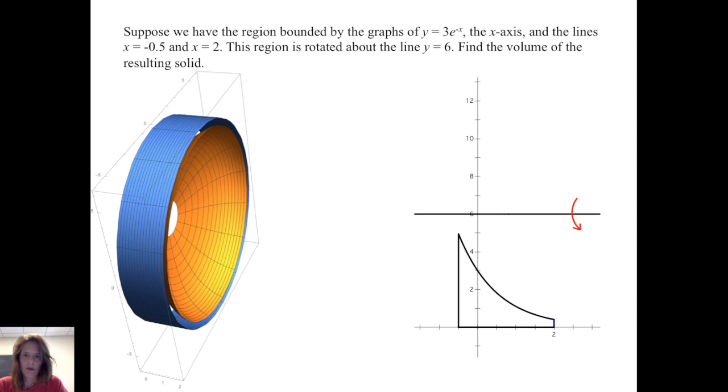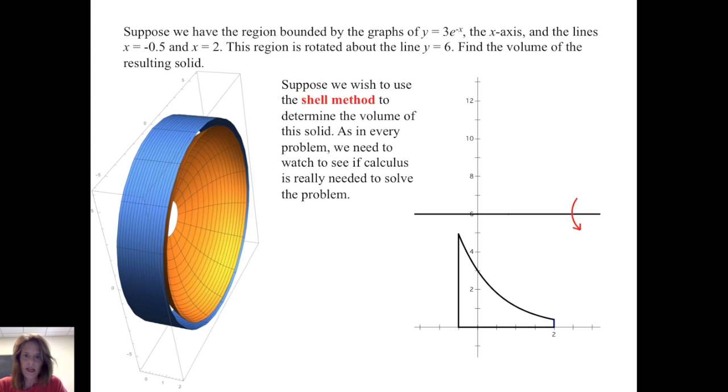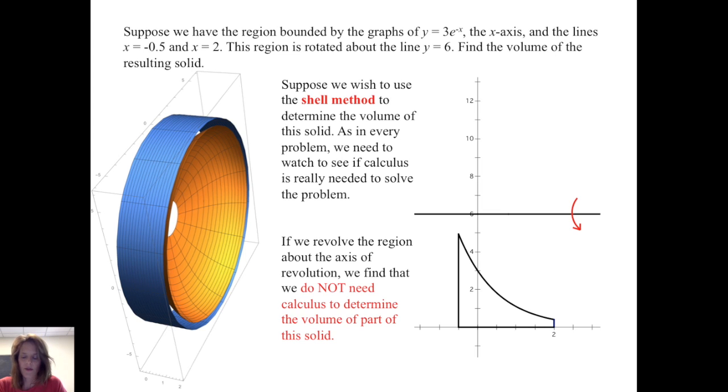And so we want to consider what happens if we try to find the volume of this solid using the shell method. As in every problem, we want to watch to see if calculus is truly needed to solve the problem. And in this case, it's actually not needed to determine the volume of part of this solid.